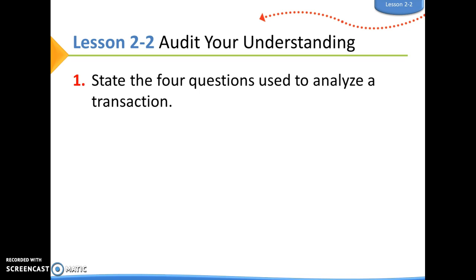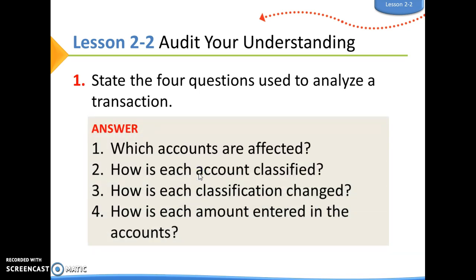What's next? How is each classification changed? Does it increase or does it decrease? And the last one: how is each amount entered in the account? On the debit side or the credit side? Okay, you have to know those 4 things. You have to ask yourself those 4 things when you're breaking down a transaction.